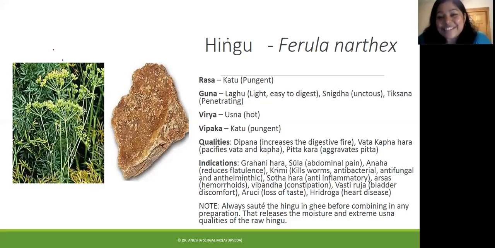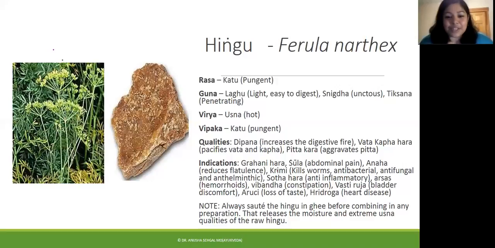So that's the reason why, because it does. It will help to move that apana vata down immediately, and it does have a very quick effect. So the one thing that they absolutely know is asafoetida will make you fart. And the reason is because it's getting all of the excessive apana vata out.